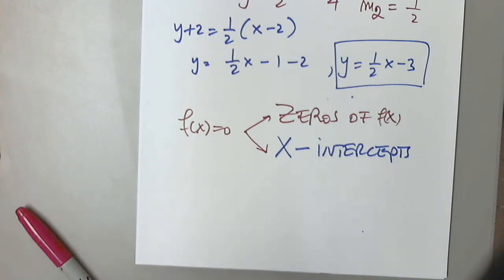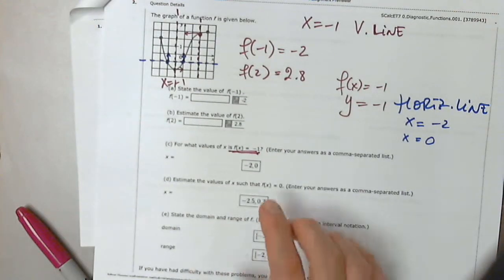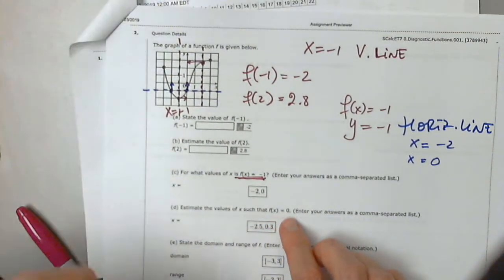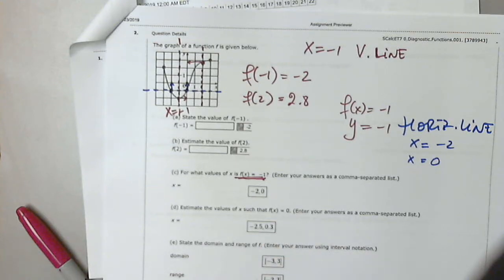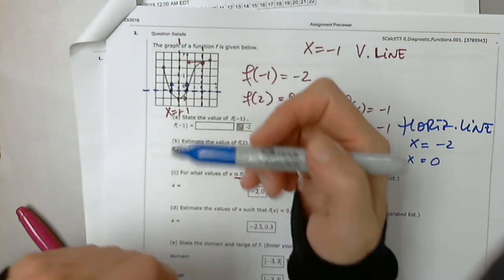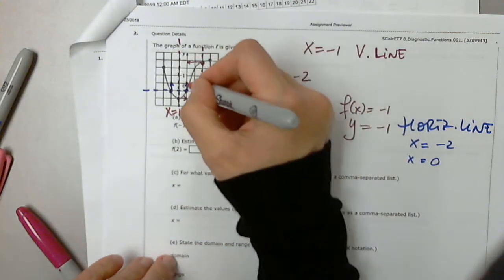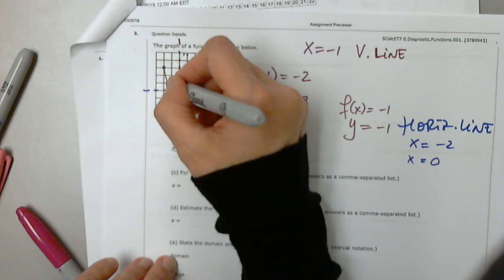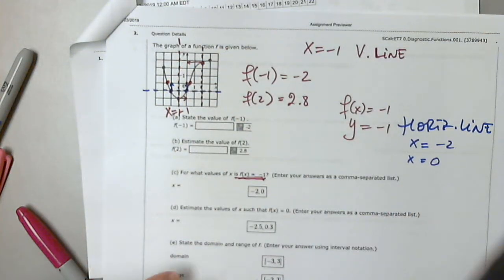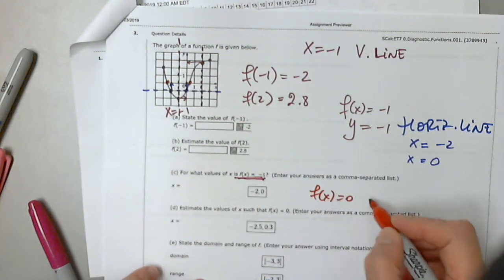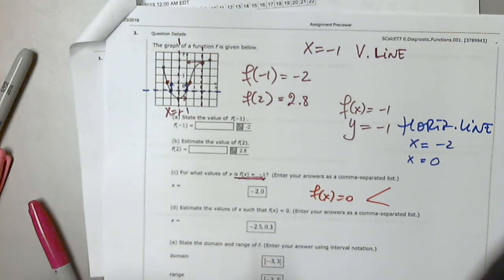So going back, we're asked to find where is x whenever y is 0. So here's the x-axis, and I see 2 points. I see this point, and I see this point. And whatever you say, I'm going to say it's okay, as long as it's in a close enough range. What will you say? Maybe 2.5 for the left. Good.